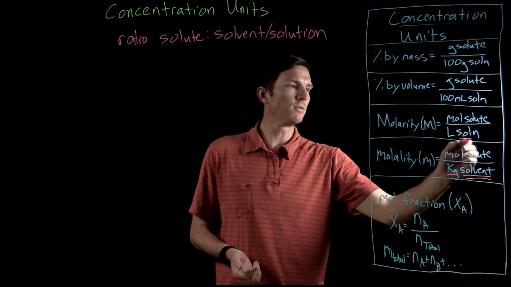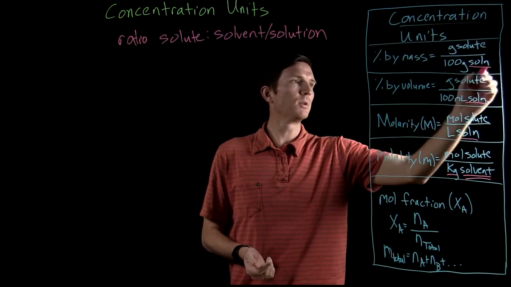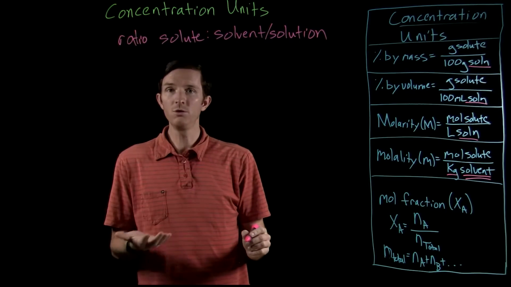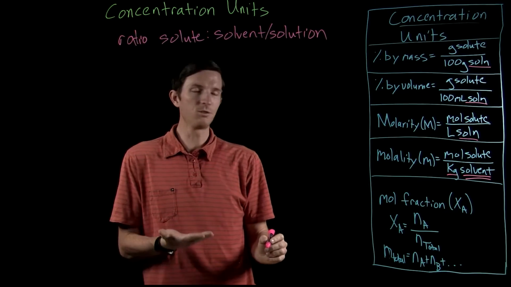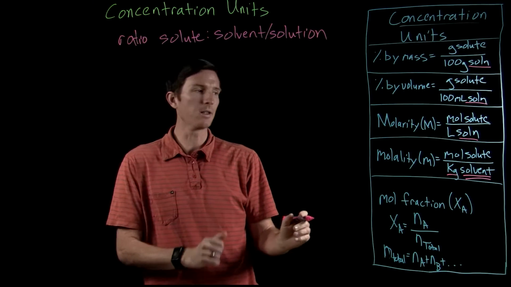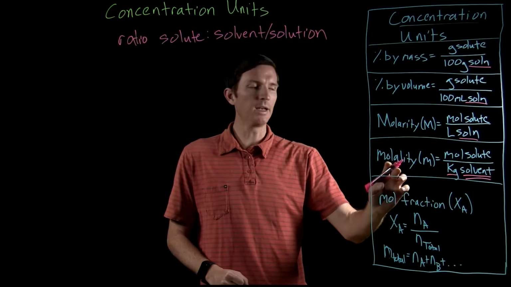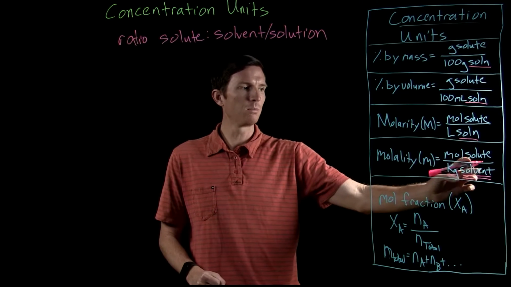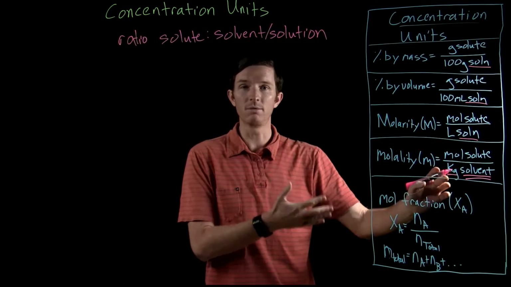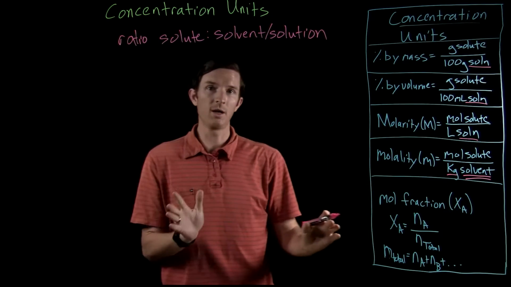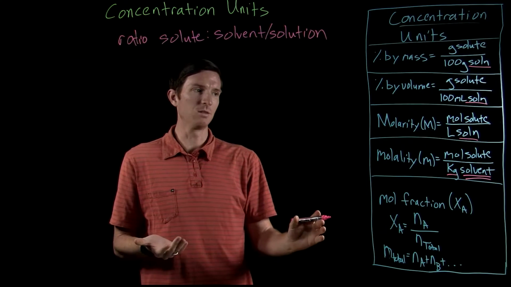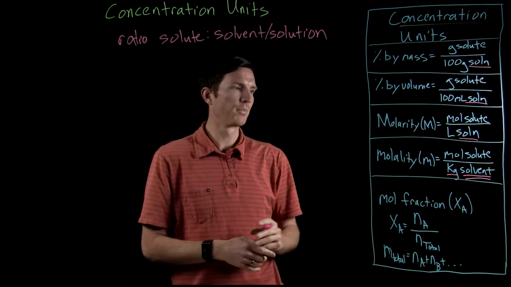You notice each of the others relates the amount of solute per total amount of solution. The solution is the solute and solvent together. Here, molality is just looking at the ratio between moles of solute per kilograms of solvent. So we're ignoring the amount of solute when we're talking about our denominator here.